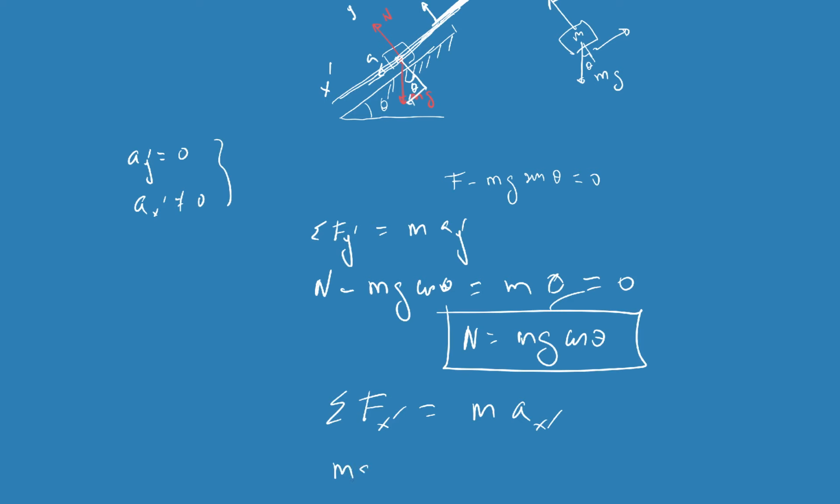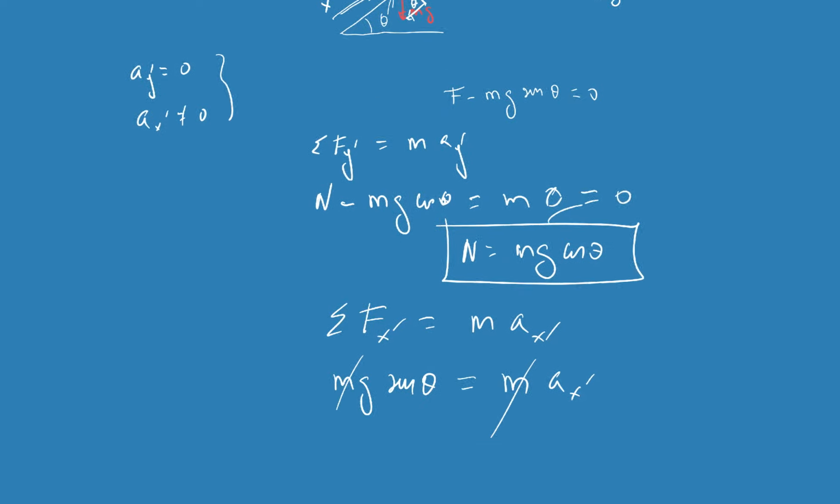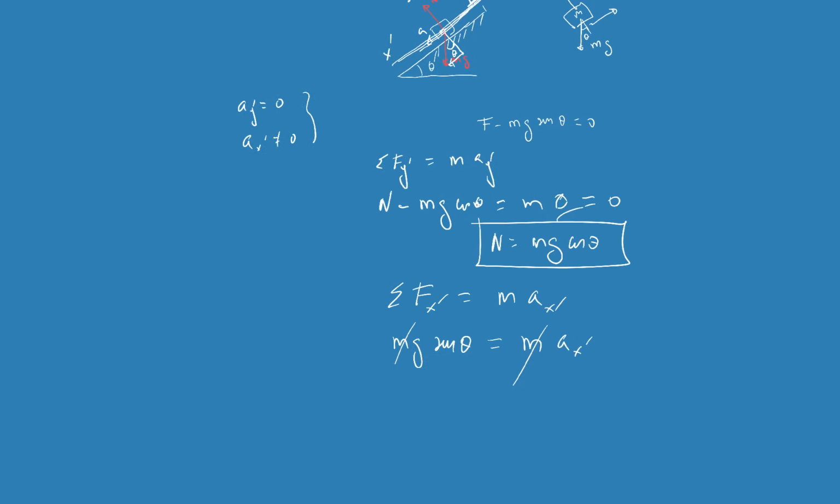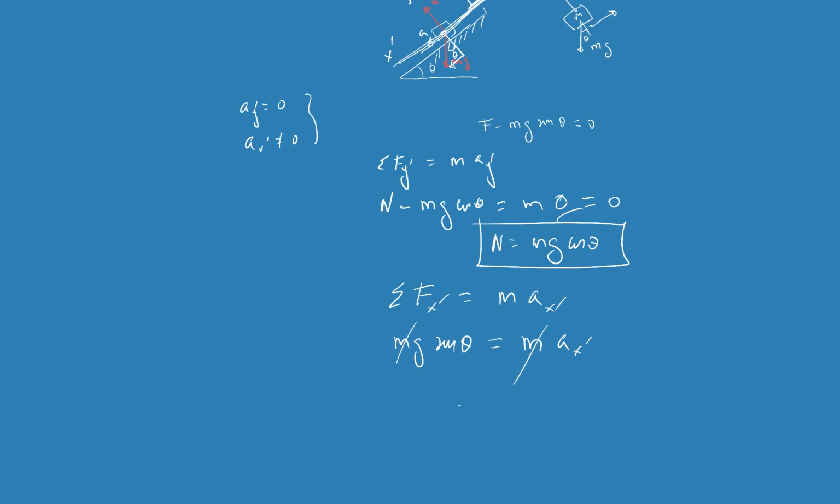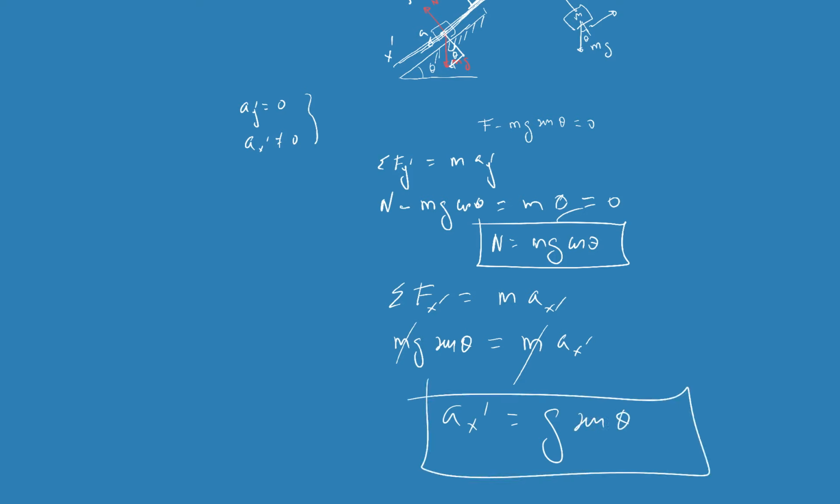So mg sine of theta is the force on the x prime direction, and this is equal to the mass times the acceleration in the x prime direction. So the acceleration of the body falling down along the x prime direction, ax prime, is g sine of theta. So the two equations that are valid for this problem are these two equations.